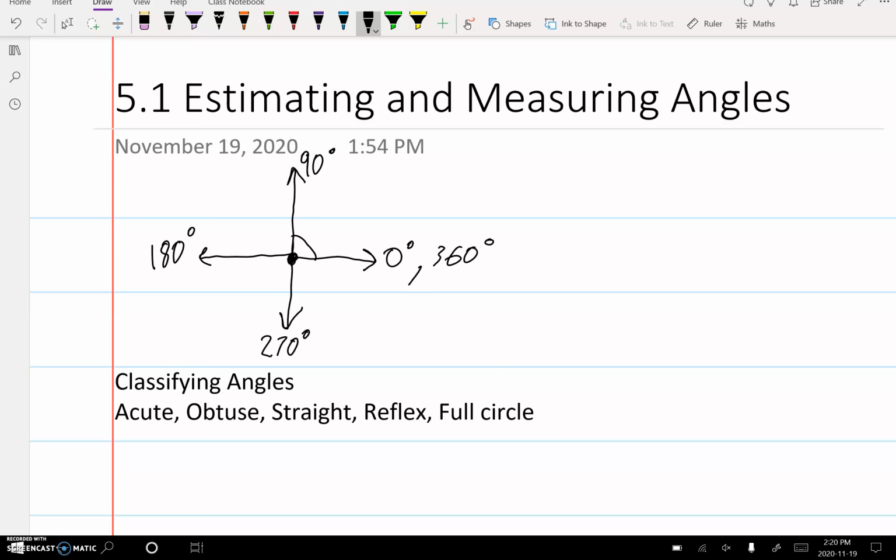When you go all the way around in a circle, it's 360 degrees. You can think about a skateboard trick or snowboarding or BMX. When you do a 360 spin, you spin all the way around, right? So 360 is a full circle.